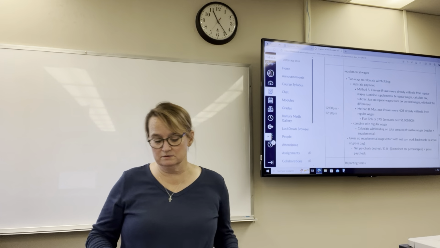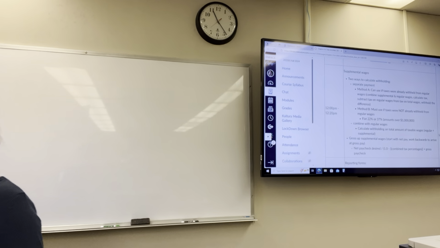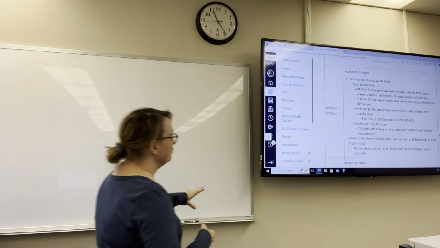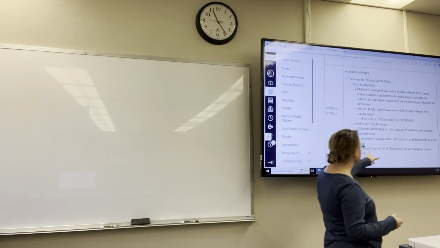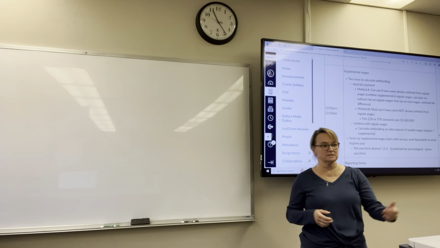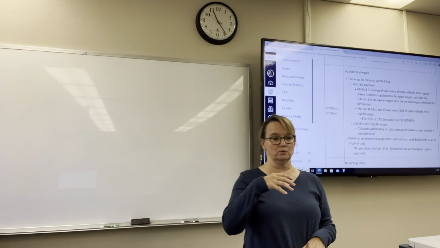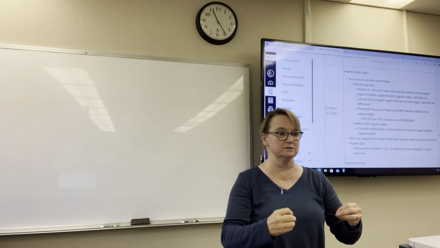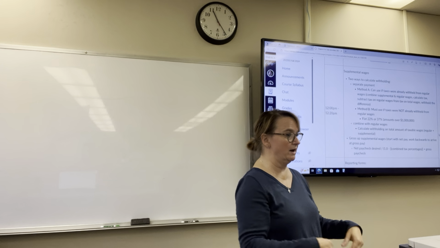In fact, Jacob and I were just going through one of the problems in the homework that do involve supplemental wages, and then also we're going to talk about gross up of supplemental wages. So we know what our starting point is, what our gross wages are, and then the calculations that need to be made in order to arrive at net wages.